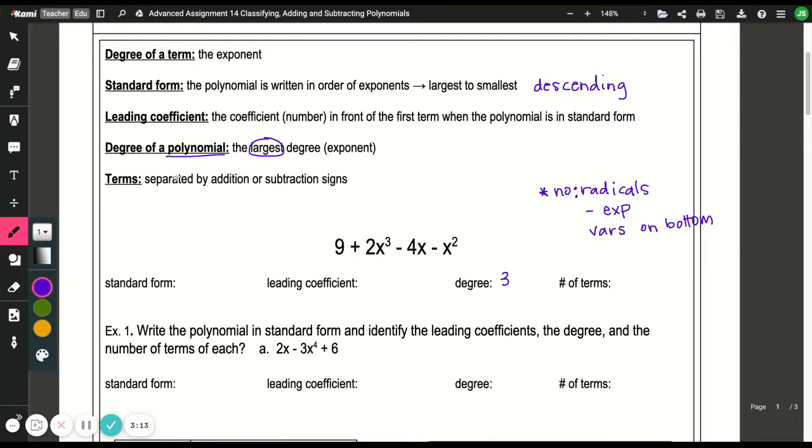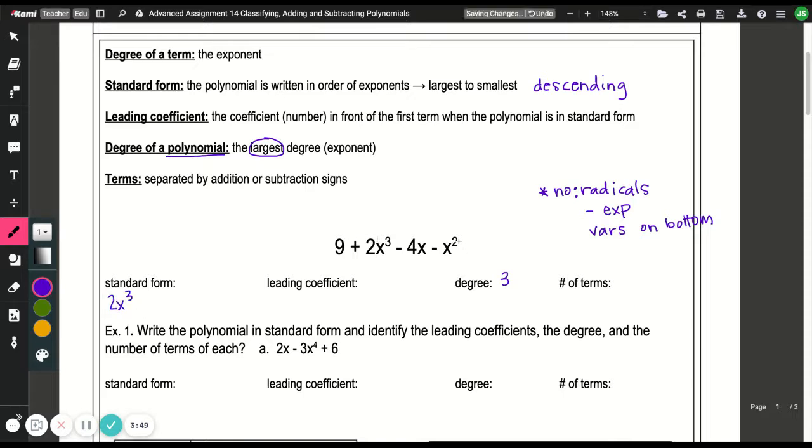And then terms are separated by addition or subtraction sign. So this one has, that's a term, negative 4x is a term, and negative x squared is a term. So every time you see an addition or subtraction sign, that is a separate term. So we're going to practice those few things with this one. We're going to write it in standard form. So descending order of exponents. The 3 is the largest exponent, so that positive 2x cubed comes first.